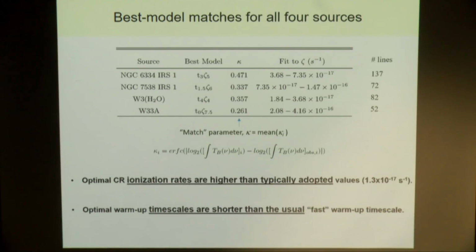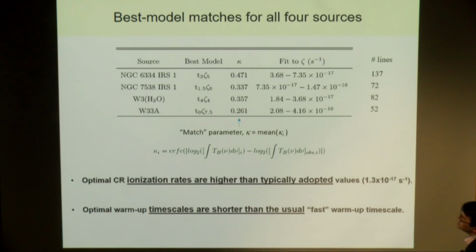The other side of things, though, is the best warm-up timescale or characteristic timescale for this process is actually faster than the fastest timescale that we use generally in any of these models. Okay, so we're actually looking at quite an extreme outcome from this comparison with observations. Now, I was excited about this finding, and talking to my student, I said, well, there's just a couple of things we could do to really check out whether this is realistic.